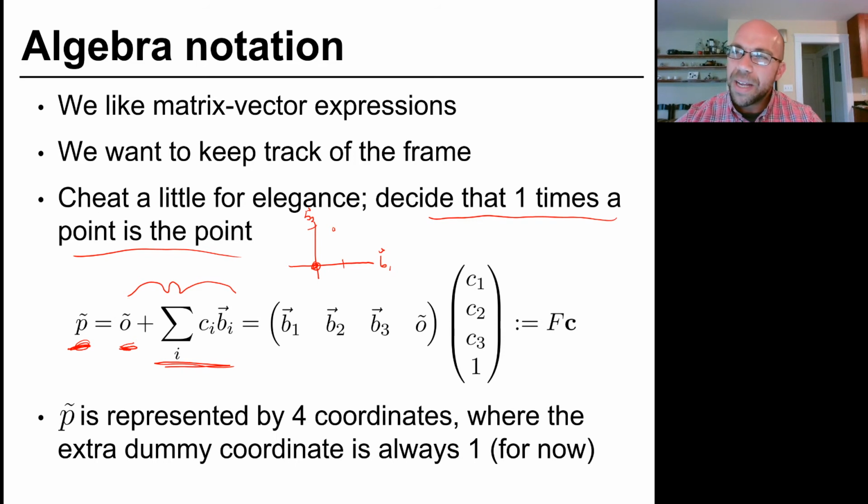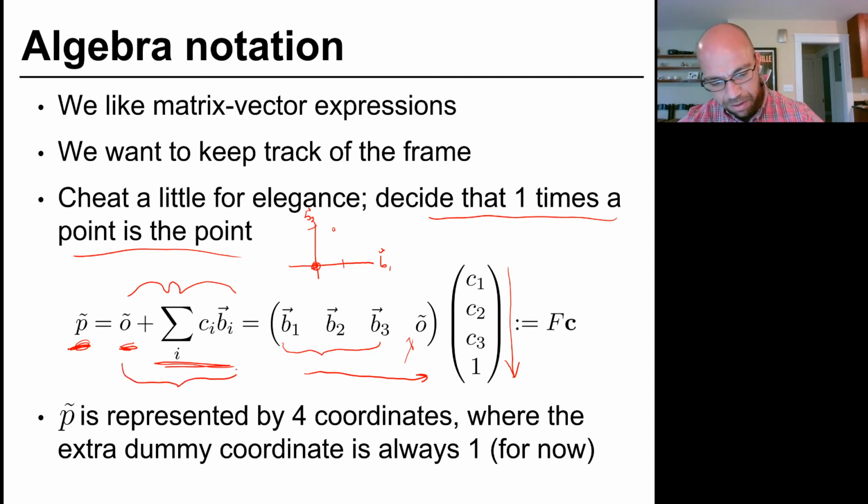Now, continuing in our matrix vector multiplication notation here, I'm going to make a new matrix, which is an extension of that previous one. Remember, we had that matrix B before, which was just this piece. Now I'm going to add a fourth column, which is the origin, to my sort of abstract geometry matrix here. So if I do this matrix vector product, remember it's left to right on the first term, top to bottom on the second, what I'll recover is this sum here.